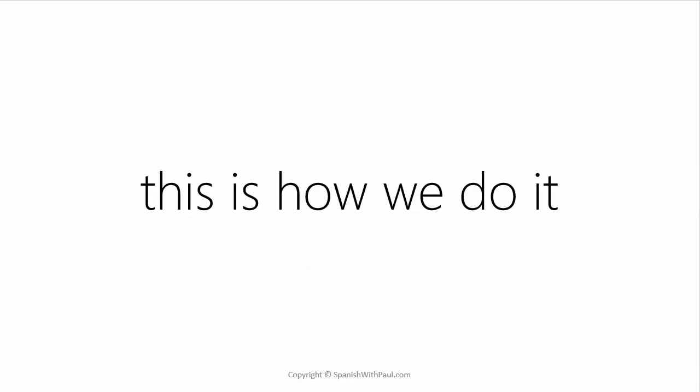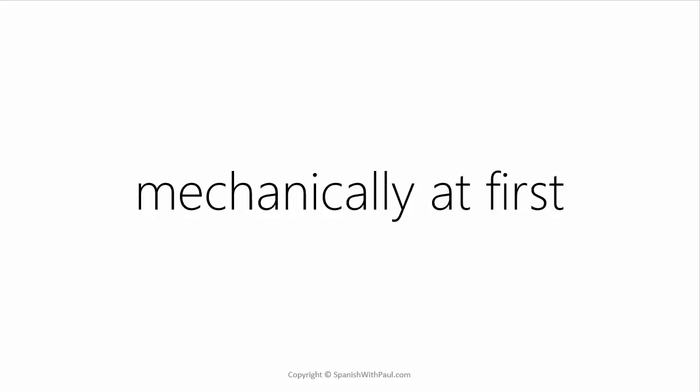So this is how we do it. We have 4 words in Spanish for was, and only one of them is correct for the particular sentence you're saying at that moment. So this is how we decide which of those 4 choices is correct for what we want to say. Now, as you can see, it's very mechanical. We do it mechanically at first.